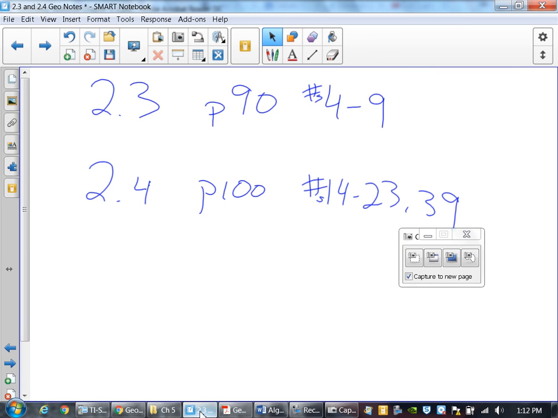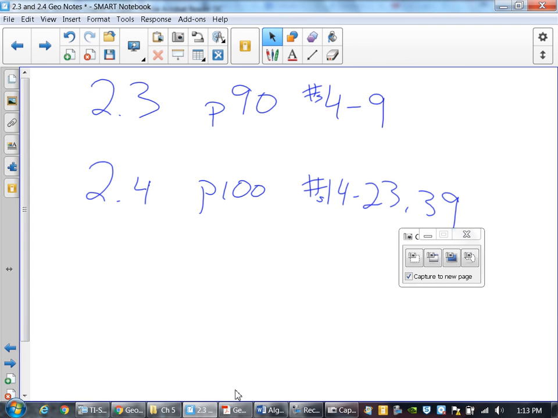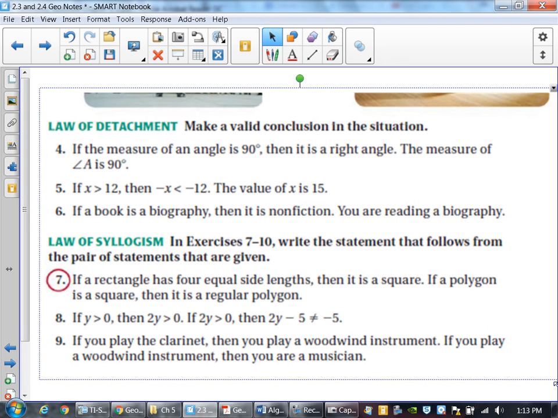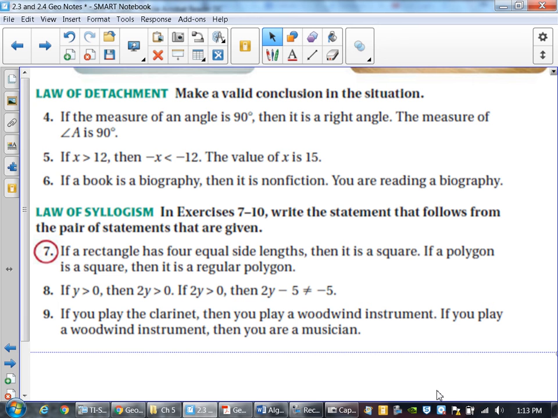Put this up for a second so you can finish writing that out. All right. Just for a quick example, if you look at these first couple of problems, it says make a valid conclusion of the situation using either the law of detachment or the law of syllogism.